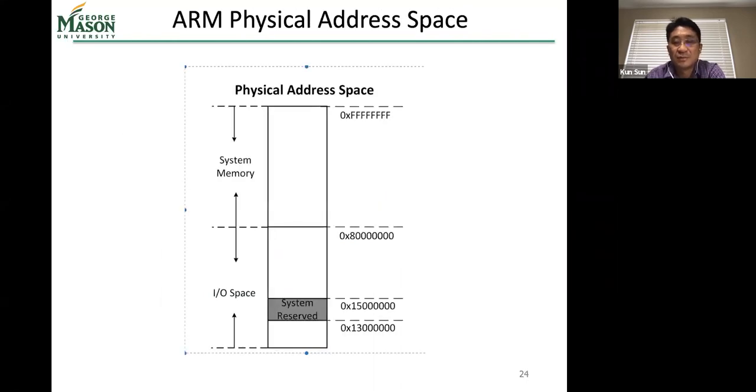To solve this problem, we studied the ARM physical address space. We see that they have some system reserved area in the I/O space. So our idea is we map our cache to this I/O space, I/O-based physical memory.